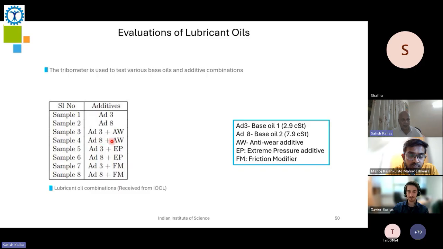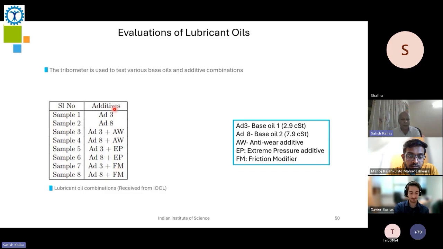As trade secrets, they didn't tell us what exactly they were adding, but we can guess what is happening over here. And then this one is the base oil plus extreme pressure additive, and then finally it is with friction modifiers.